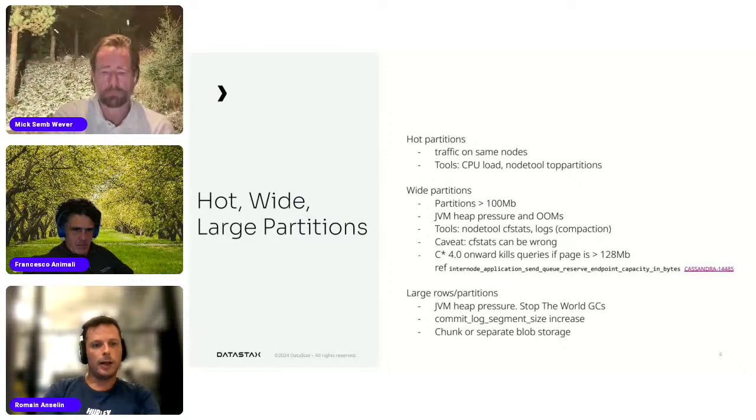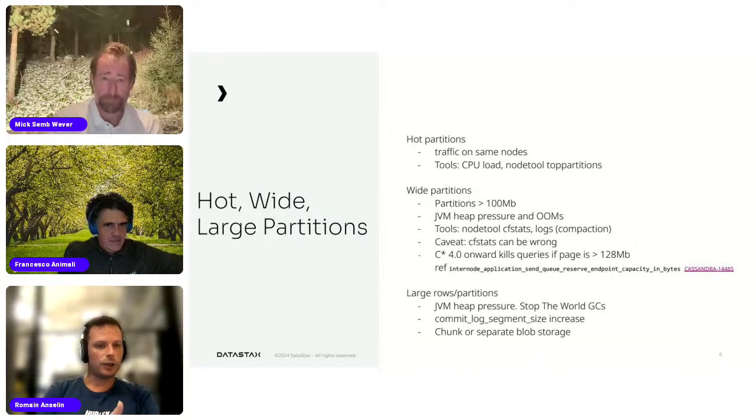So a hot partition is something that, however you scale your cluster, will never be sorted by any scaling, because the way you request a partition key will hit a specific token, and that token is always on the same 3 nodes. So that's what defines a hot partition.